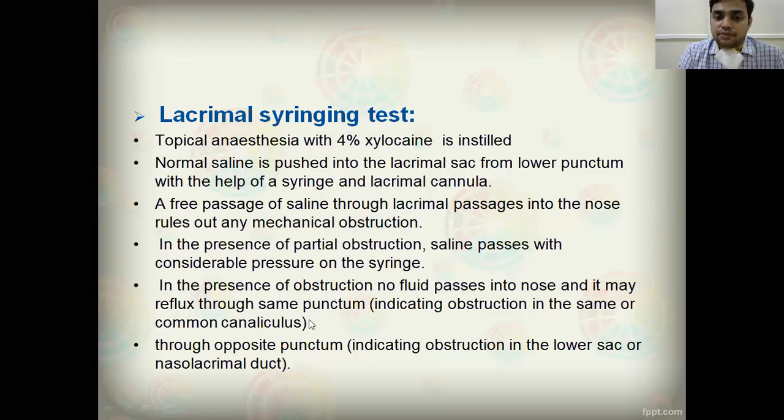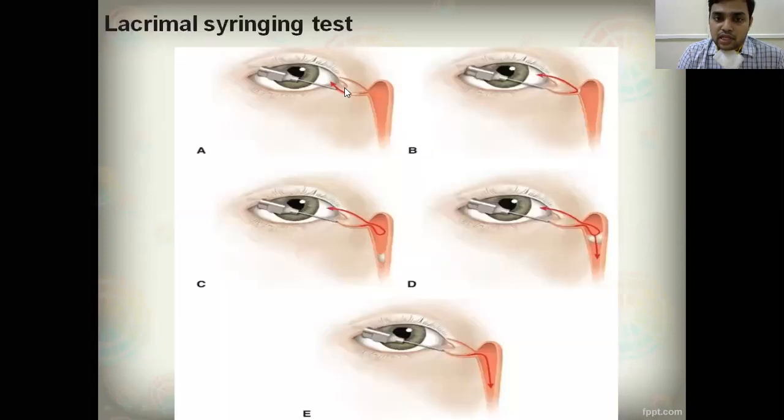But in case of complete obstruction, no fluid passes into the nose and it may reflux through the same punctum or the opposite punctum. If it refluxes through the same punctum, the obstruction is present at the same canaliculus or at the junction of the common canaliculus.